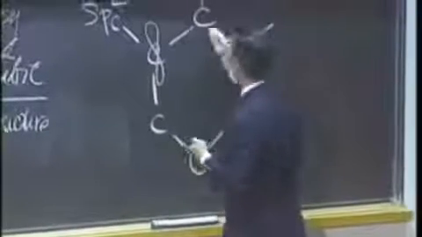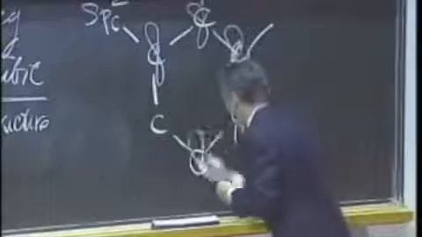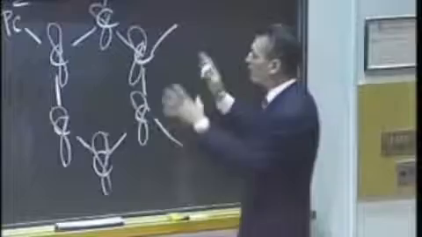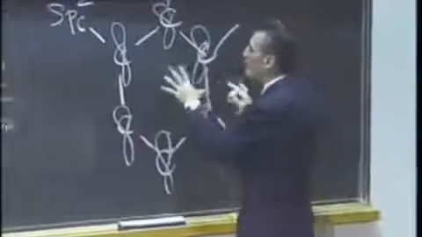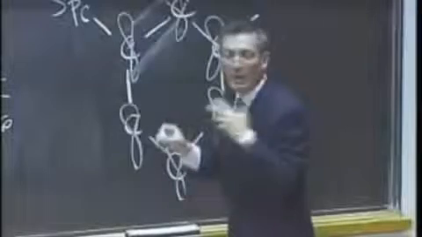There's a p orbital here, and here, and here, and so on, and so on. And it turns out that the bond length is such that these p orbitals are able to bond cooperatively.